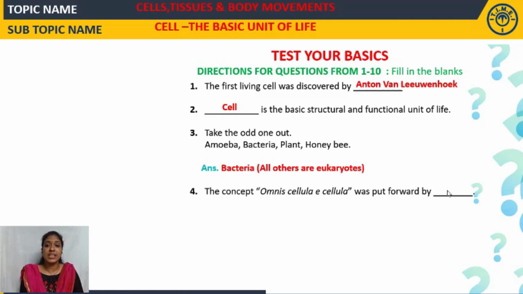The simple meaning is all the new cells arise from the old cells. So this concept, which means all cells derive from pre-existing cells, was put forward by whom? Rudolf Virchow. The third postulate was put forward by Rudolf Virchow, and the other two were put forward by Schleiden and Schwann.